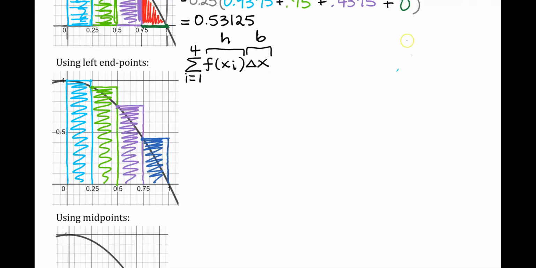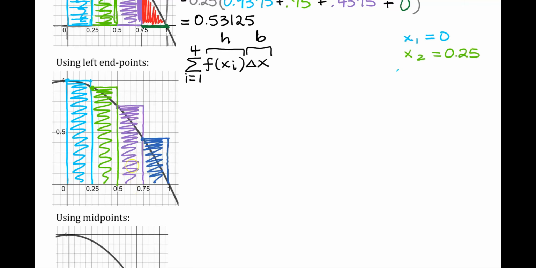Here, our x1, our first x value, is 0. That is the left endpoint that this rectangle is touching the graph on. The second x value, x2, in our second green rectangle, we use the x value of 0.25.